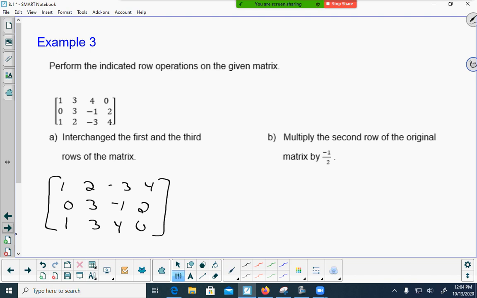Okay, in the second one, we're going to go back to the original matrix. We're going to multiply the second row by -1/2. If I'm multiplying the second row by -1/2, what's happening to row 1 and row 3? Anything? No, nothing. So Andrew, you ready?